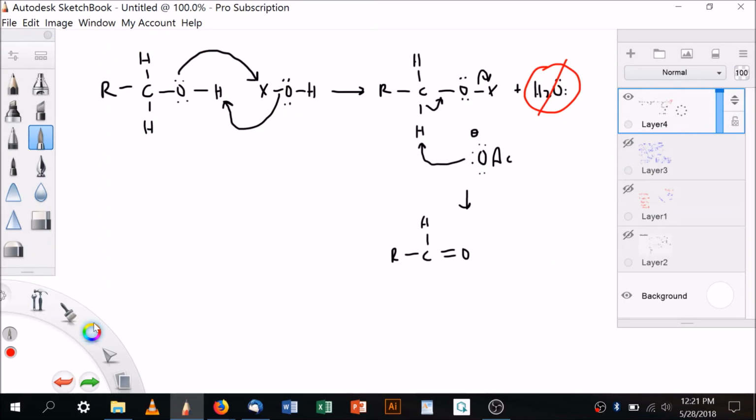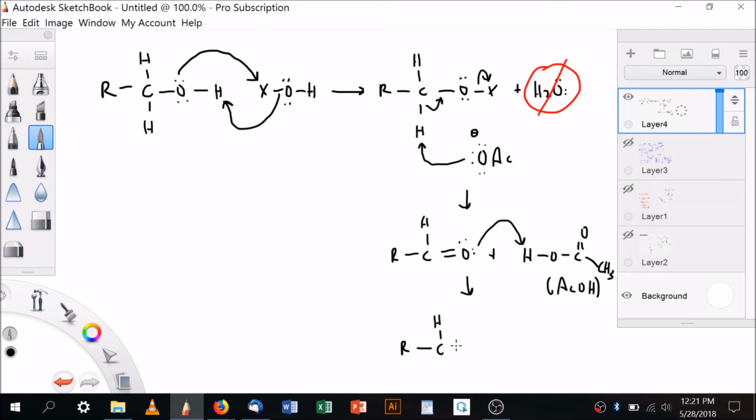I'm going to keep this in black. This is my acetic acid. It's the same thing, right? Okay, now that we've got that, the next thing that happens is this guy gets protonated.